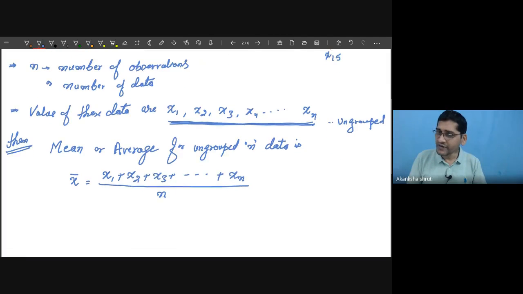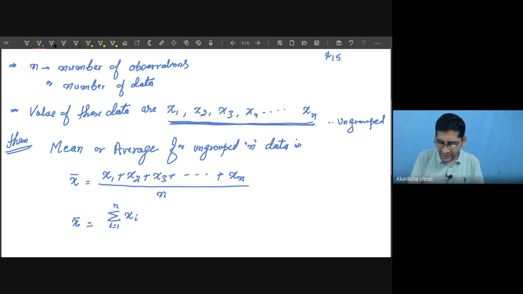There is another way of writing this in short form. The term x1 plus x2 plus x3 up to xn in the numerator may be denoted in symbol form as the sum of data. So x denotes the data, and I write this as xi, where i varies from 1 to n.